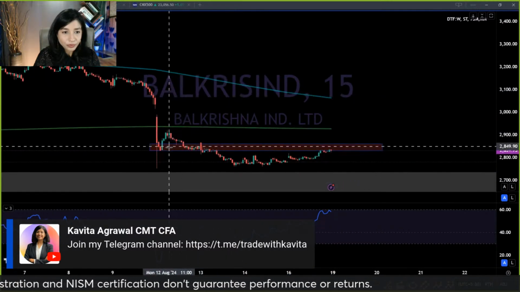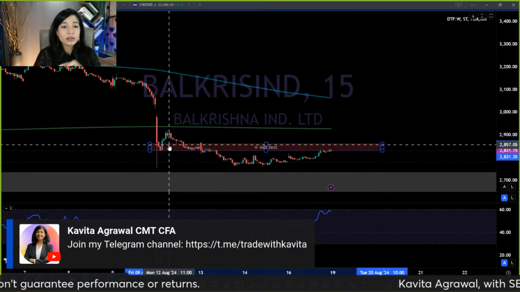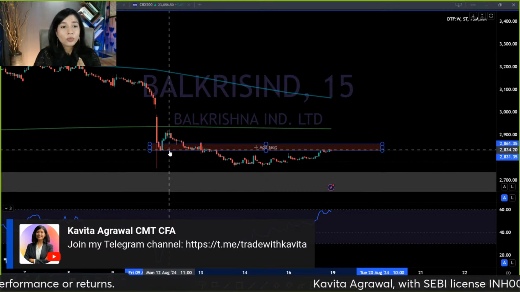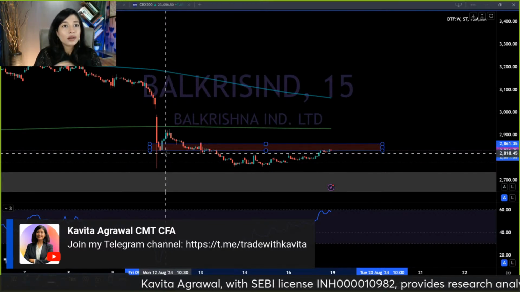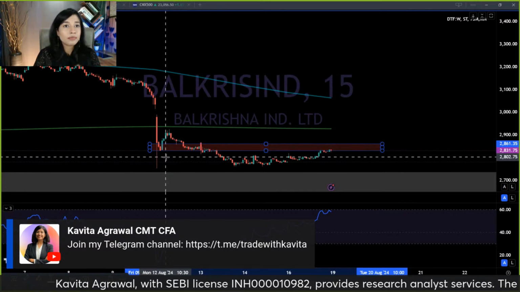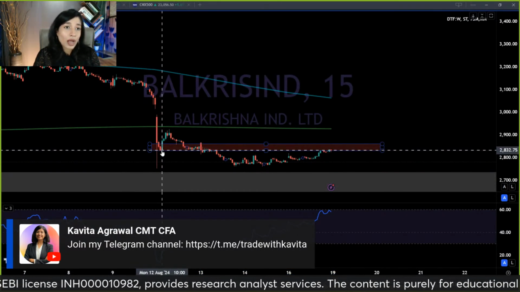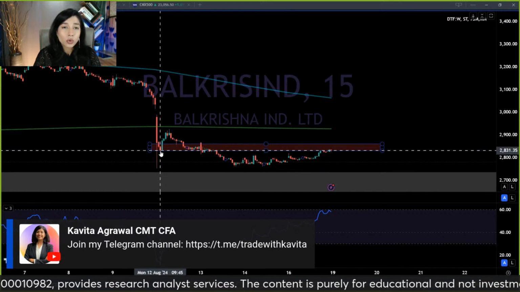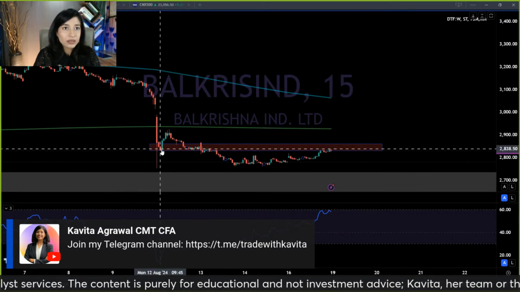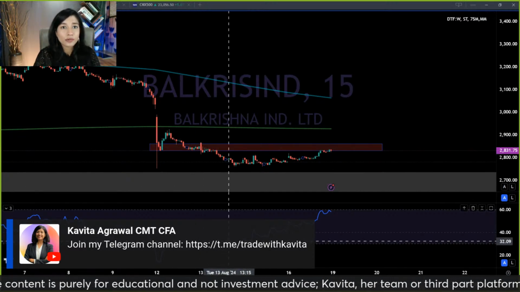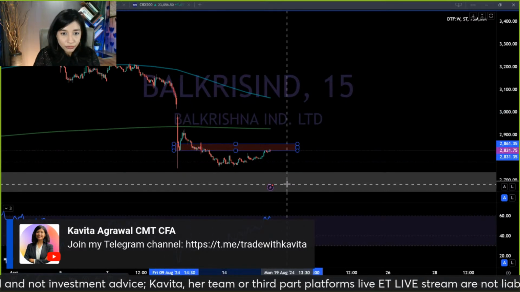So for my support resistance zones, guys, I've started using this color outline corresponding to the time frame on which I'm drawing it, and the color fill corresponding to whether I'm marking a support or resistance zone, right? So this, or a high or low. So since this is a real low that I'm marking on the 15-minute time frame, the fill is red and the outline is corresponding to the RSI on the 15-minute time frame, which is dark blue. So that's just a little bit of FYI.